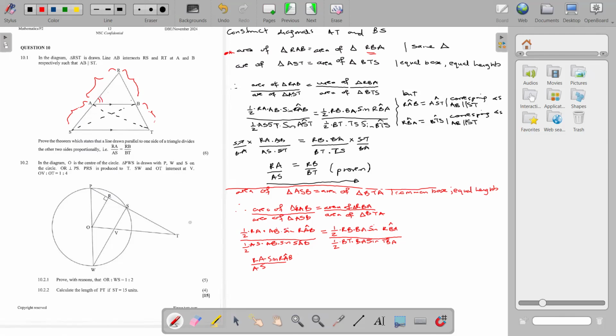But the other angle which is on our denominator, it's SAB. If you check, this is a straight line. So it means this angle is going to be equal to 180 degrees minus the RAB.